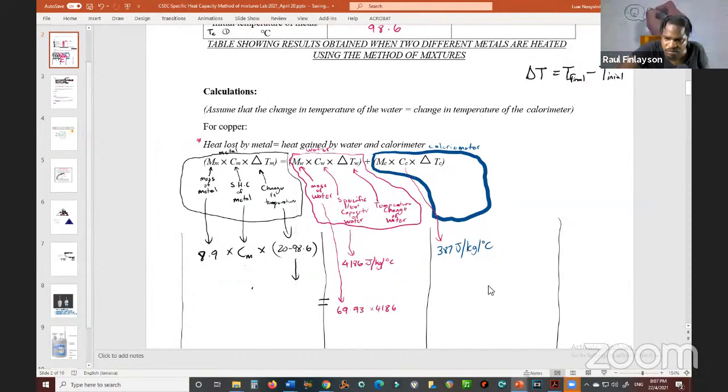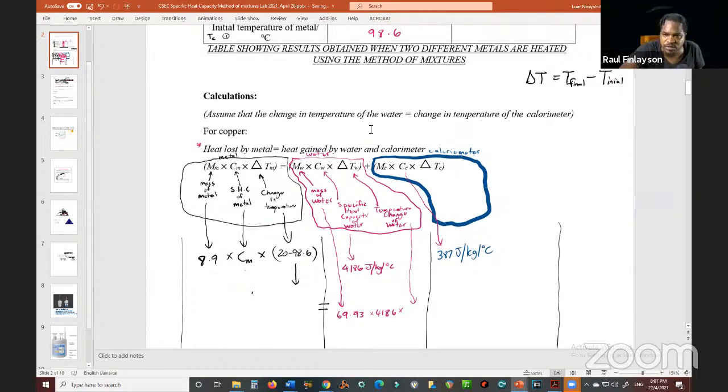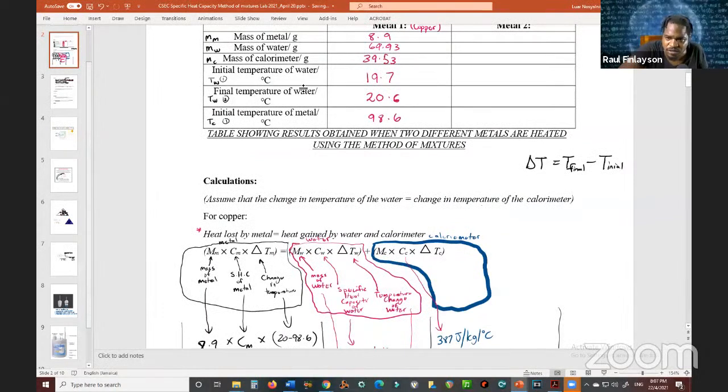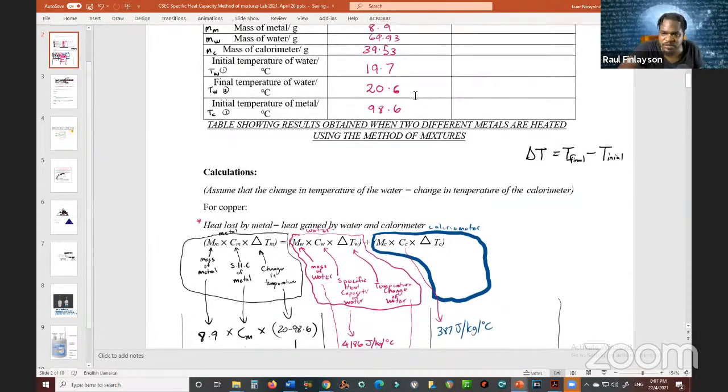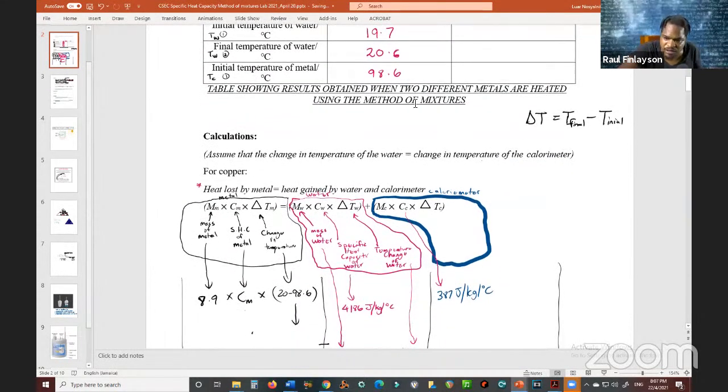All right, so 4186. Temperature change of the water now. How much did it change by? Going back here, water was initially at 19.7. The final temperature of the water was 20.6 after it absorbed heat from the metal.